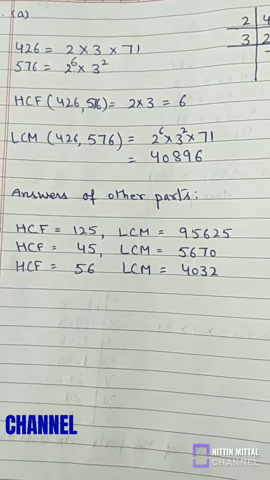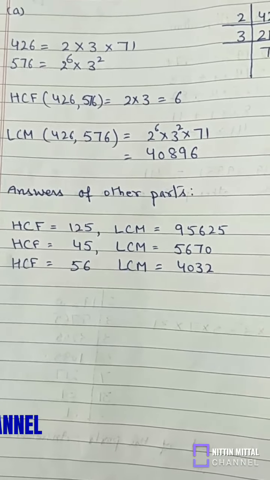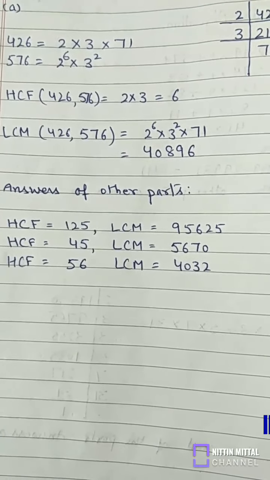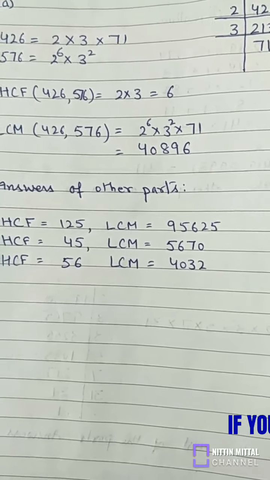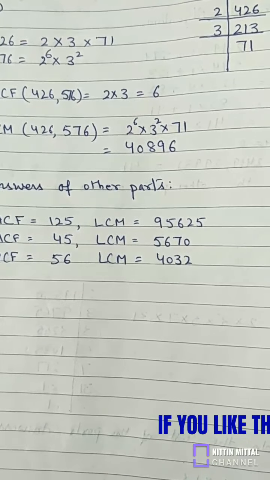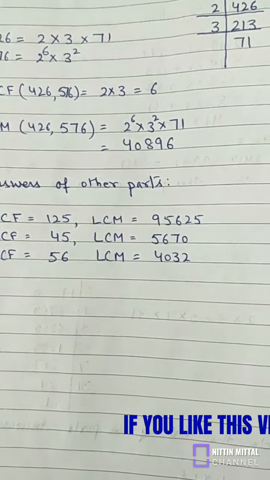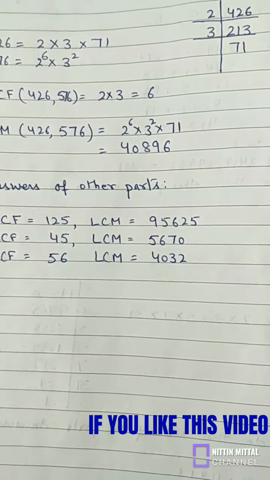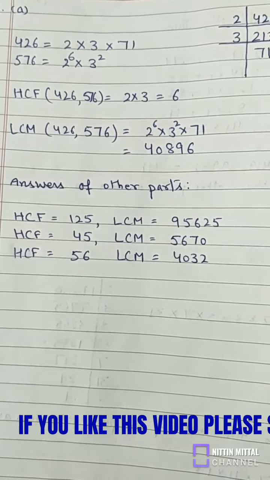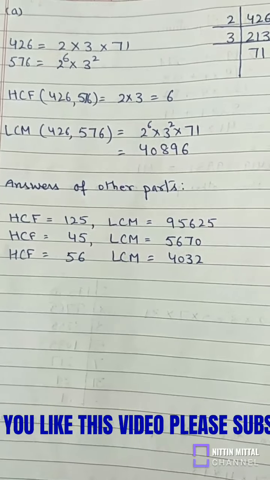Now the LCM. Under the prime factorization method, the LCM is the product of all the prime factors, whether common or not, taken once with their highest exponent. In the prime factorization of the two numbers, which prime factors do we see? 2, 3 and 71.